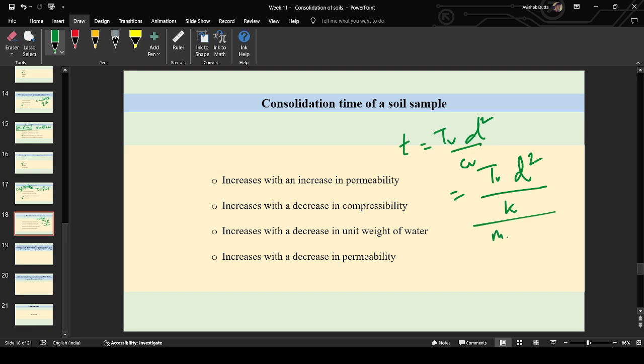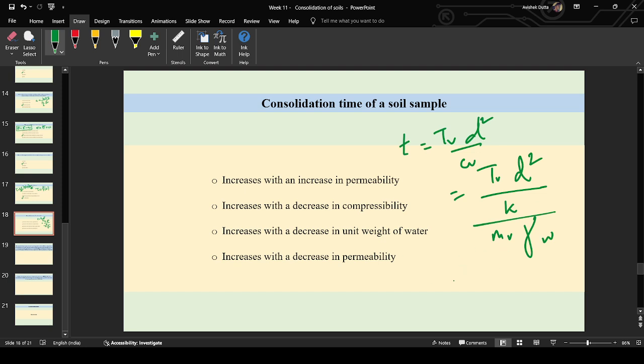K by mv gamma w. Okay, so let's just see all the scenarios. Increase with an increase in permeability? No, because it is in the denominator, so it will not. Decrease with a decrease in compressibility? Compressibility, if it decreases, this goes to the numerator.